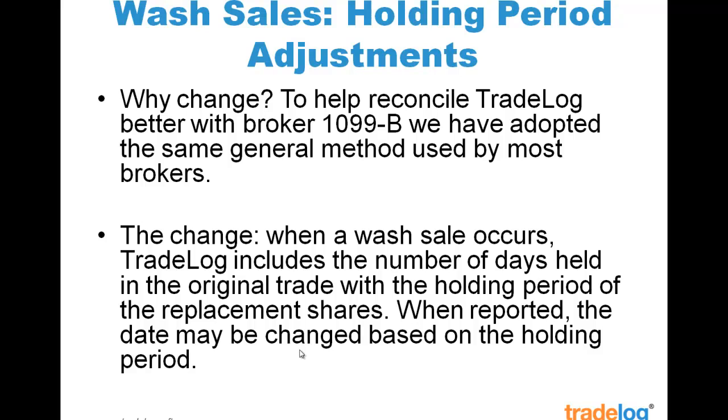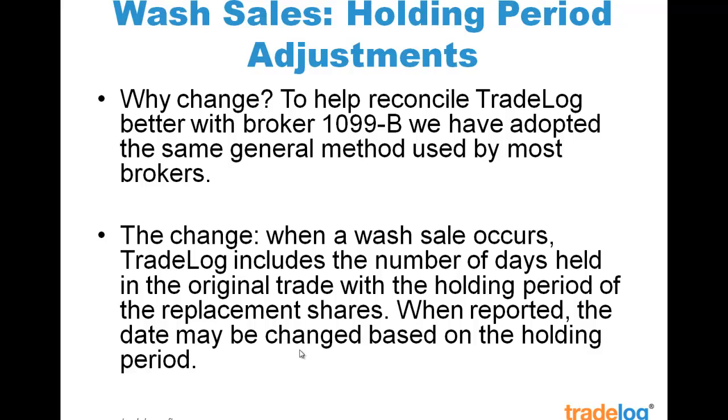In the past, TradeLog made this adjustment basically by identifying long-term holdings, and if you had a wash sale, the respective trade after that triggered the wash sale would now be a long-term holding. But what we've noticed now is with broker 1099B reporting, brokers have adopted a little bit different method.